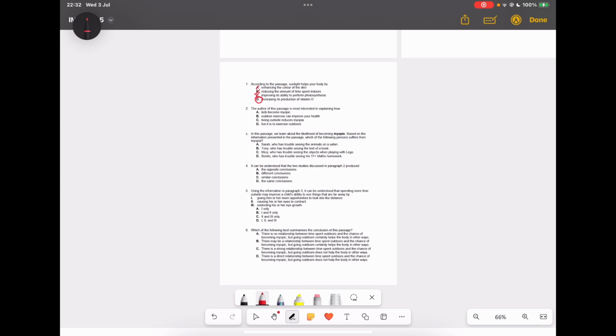Well, they're not most interested in kids becoming myopic, and neither are they most interested in outdoor exercise or exercising indoors. So they're most interested in explaining how being outdoors reduces myopia.